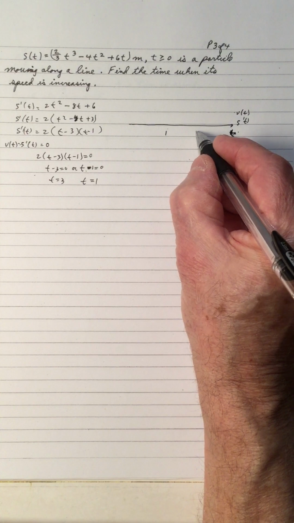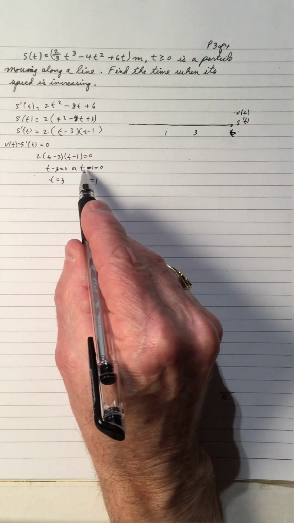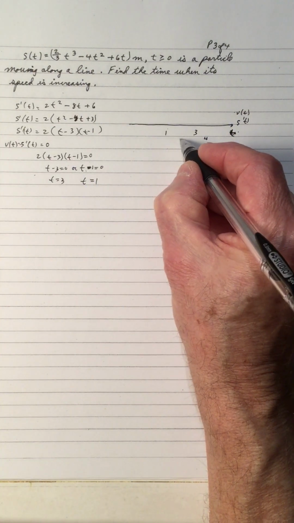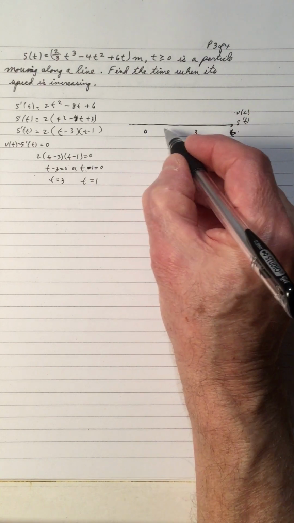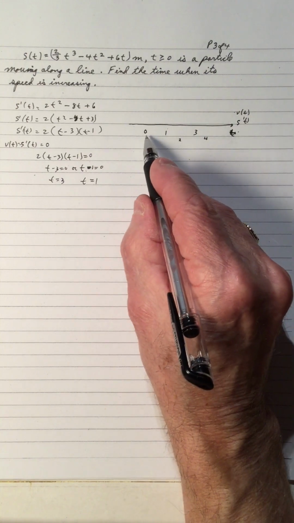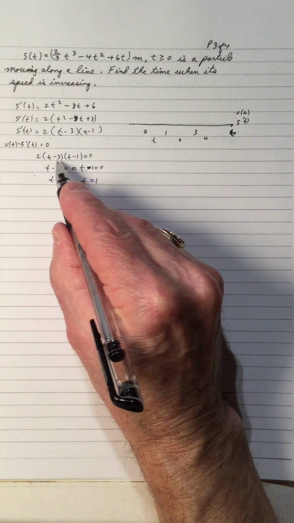Because it's a quadratic, we have to look at the values of t greater than 3, in between 1 and 3, let's call it 2, and between 0 and 1.